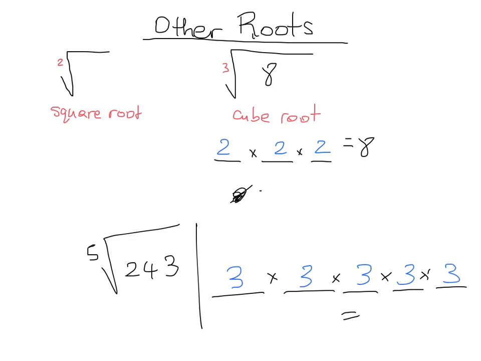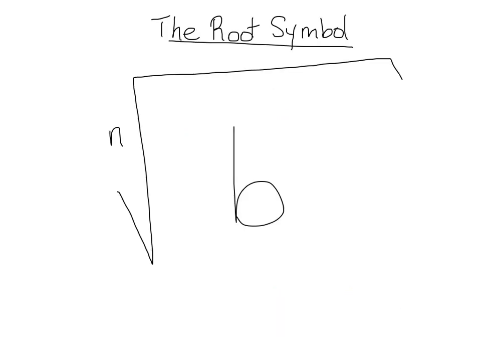I just have one more thing before this video ends that's super important. Let's talk about the sign and what each thing is called in the sign. Right here I have a gigantic radical symbol or root symbol.